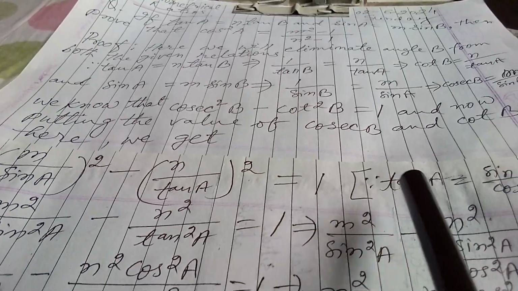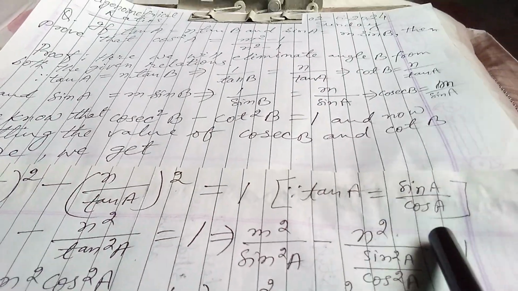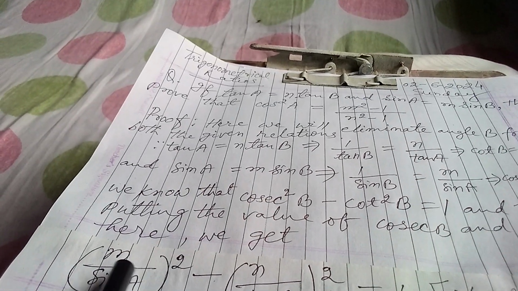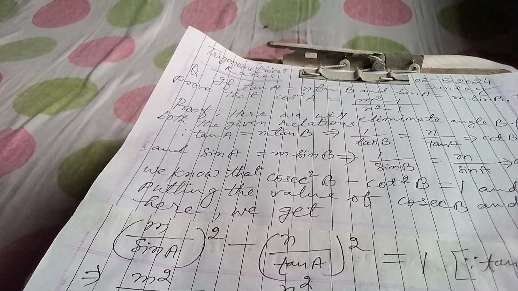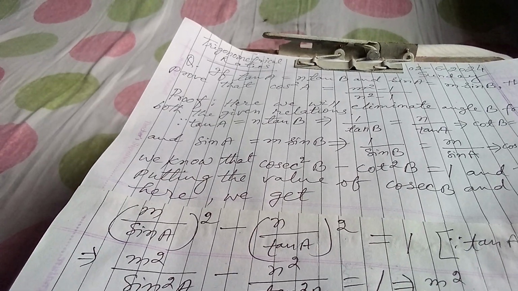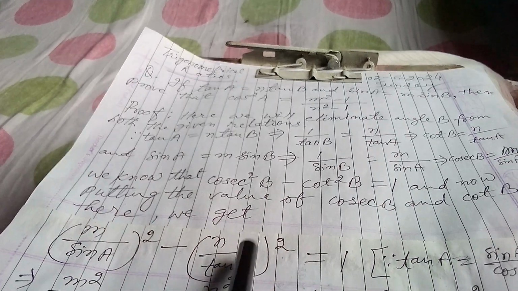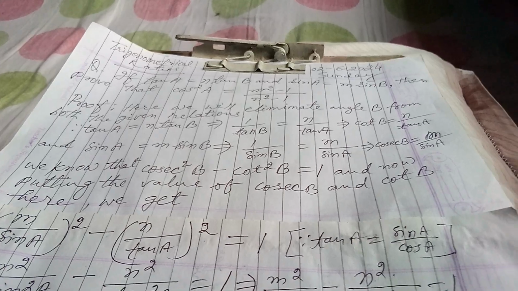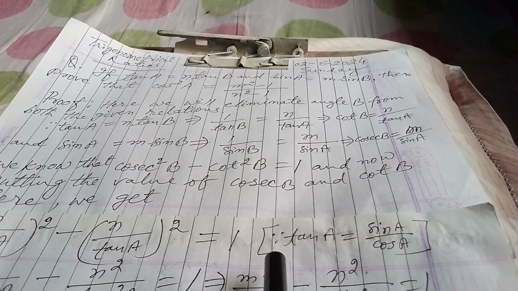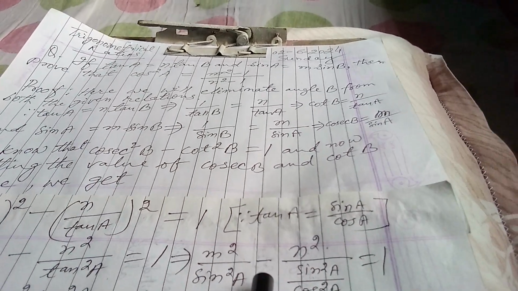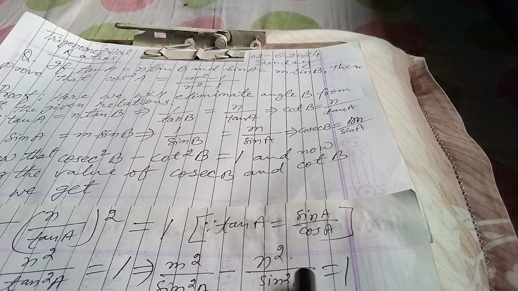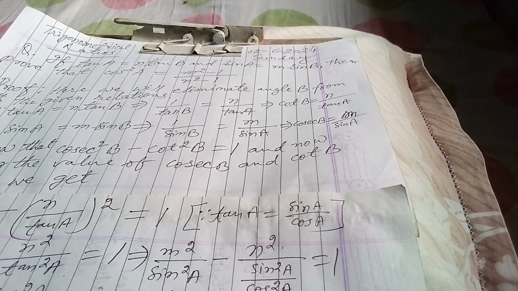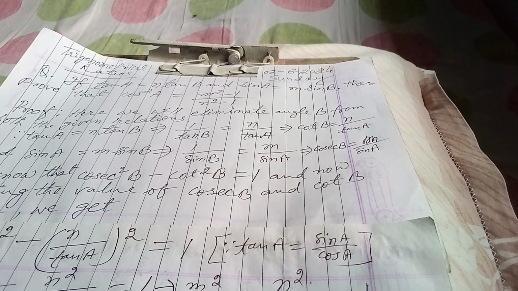Now you know that tan A equals sin A by cos A. So the brackets are removed and we get m square by sin square A minus n square by tan square A equals 1. This implies m square by sin square A minus n square divided by sin square A by cos square A equals 1.